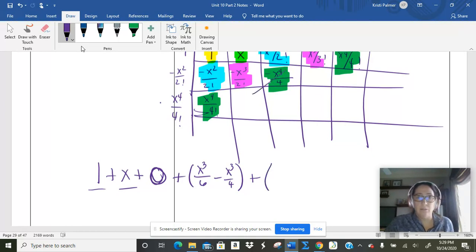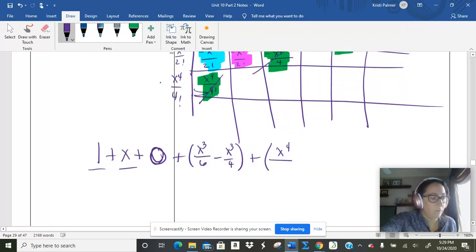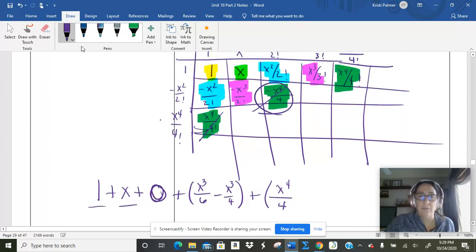So that would be, let's see. Oh golly, those two cancel, and then I just have what? An x to the fourth, right? Did I do that right? An x to the fourth over the 4 factorial? No, just over 4. That one was just 4. That one stays. Those two cancel. Okay, I see. 4 factorial. Oh, okay.